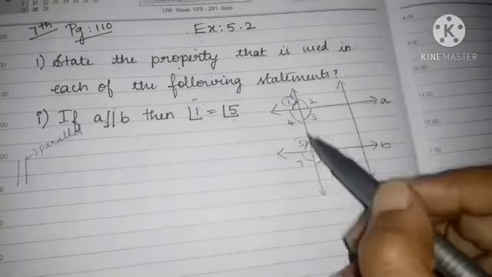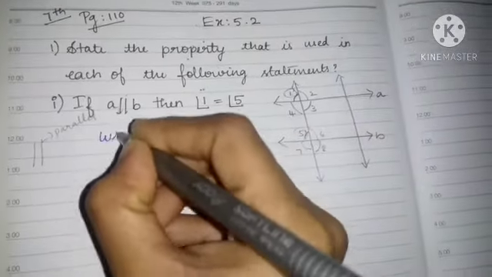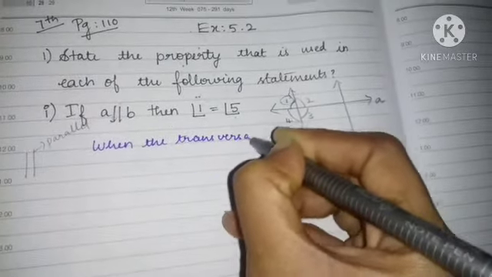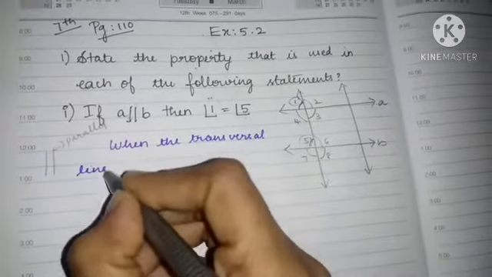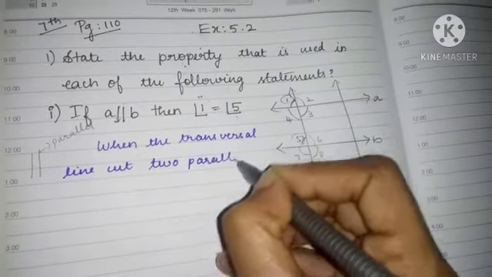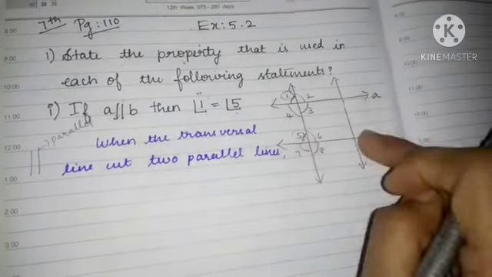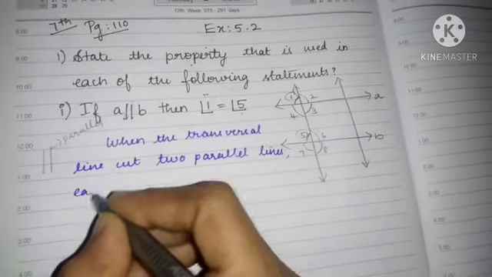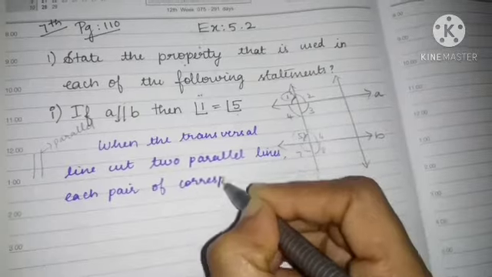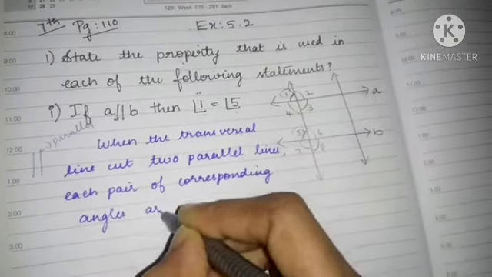So what are these two angles actually? These two angles are corresponding angles. So what is the property here? When the transversal line cuts two parallel lines, each pair of corresponding angles are equal.